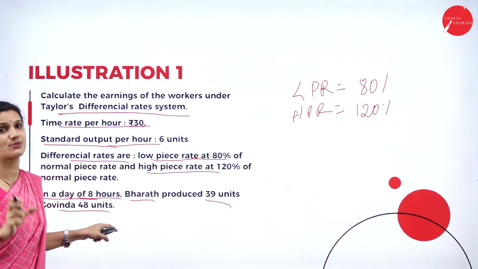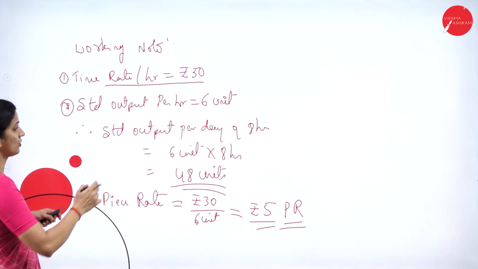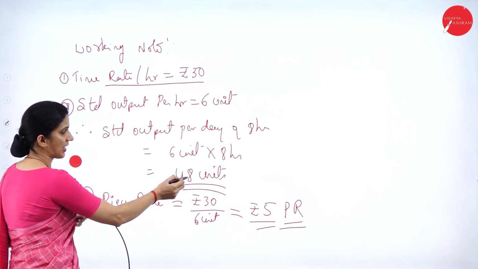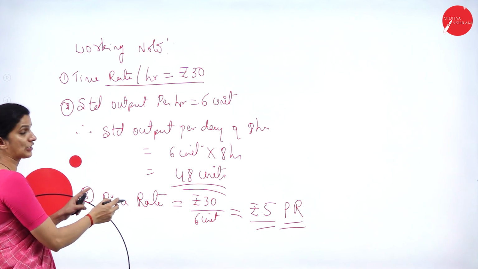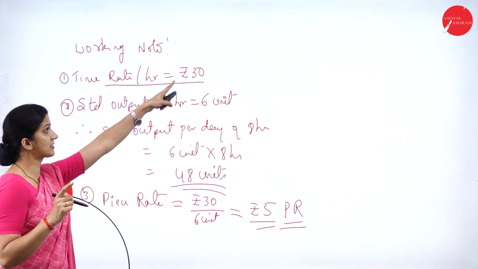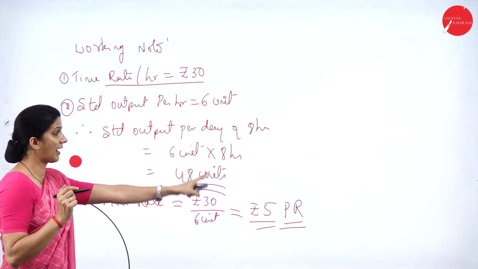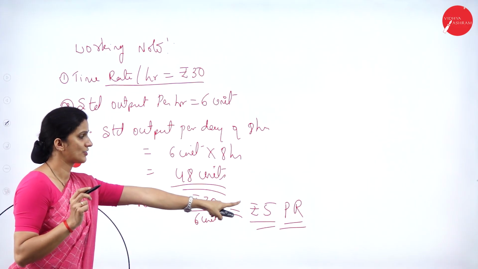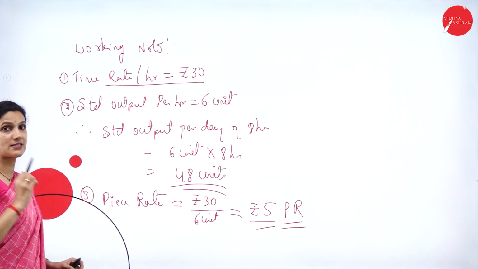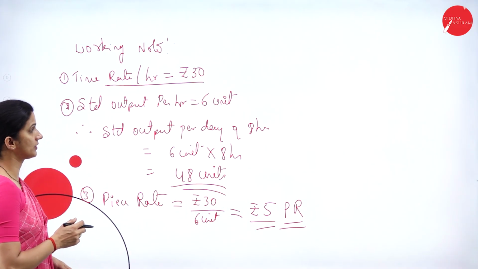So 6 units into 8 hours, your standard output is 48. Then we calculate the piece rate, that is the time rate divided by 6 units. So now we'll go for the calculation of total wages.